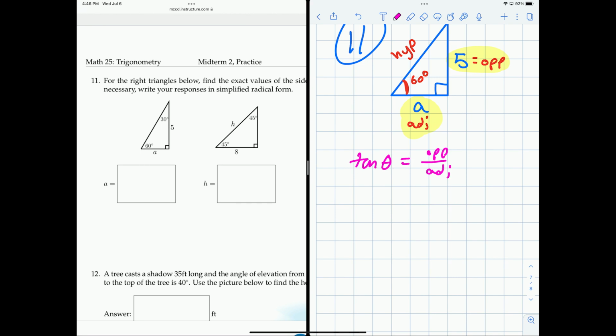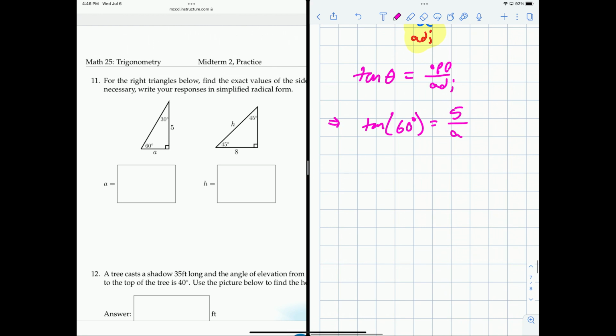So then you fill in your numbers. So tangent 60 is opposite, which is 5, over adjacent, which is a, we don't know it. A little bit of rearranging here, just like the airplane problem, and we have a tan 60 equals 5, or a equals 5 over tan 60 degrees.